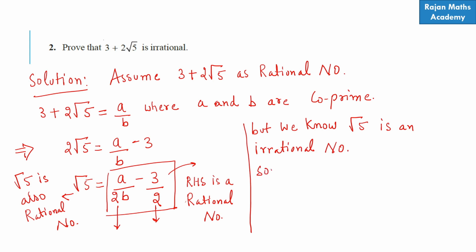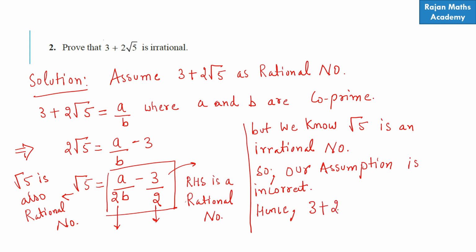So our assumption is incorrect. Hence 3 plus 2 root 5 is an irrational number.